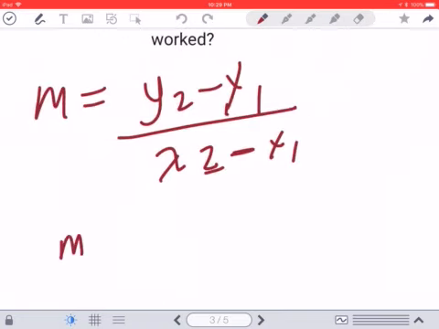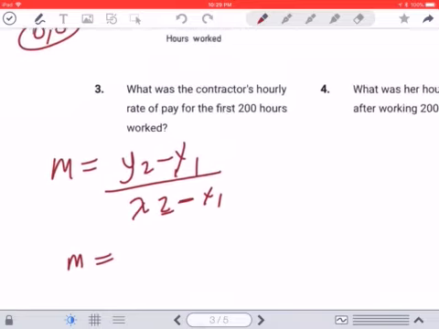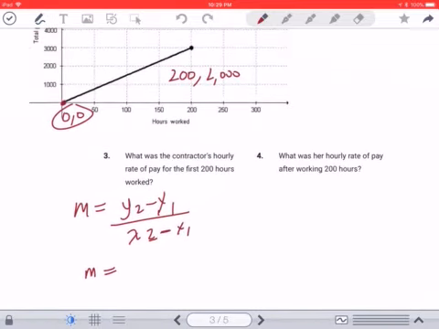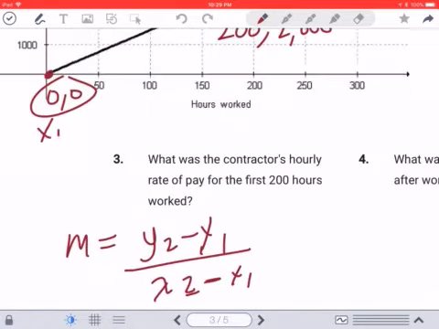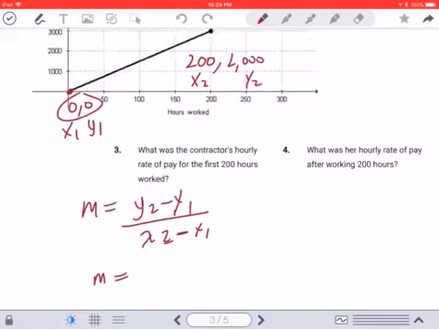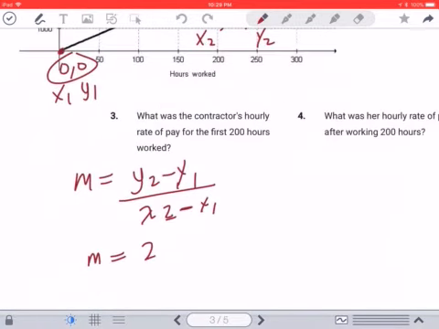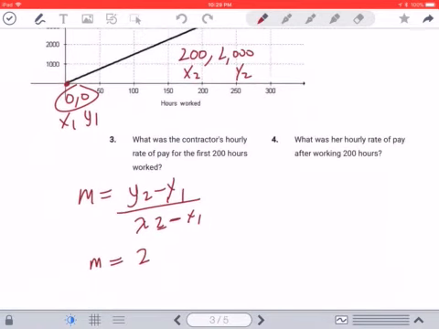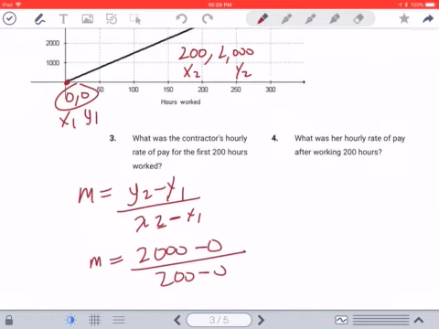Okay, so I get y2 minus y1. I'm going to label this x1, y1, x2, y2, and I'm just going to do some math here, find the slope. You might be able to look at this and figure out the slope, but I'm going to do 2,000 minus 0 over 200 minus 0.